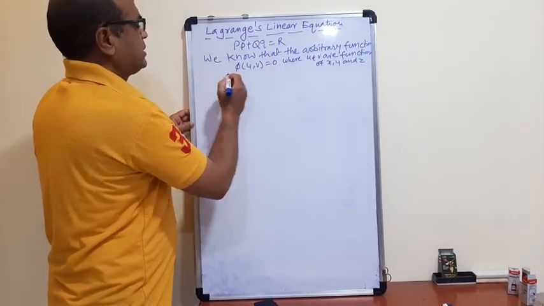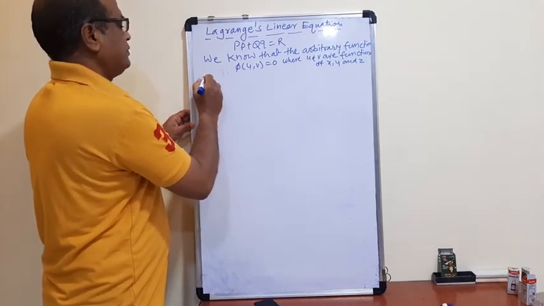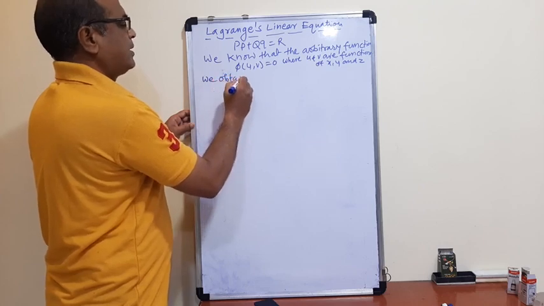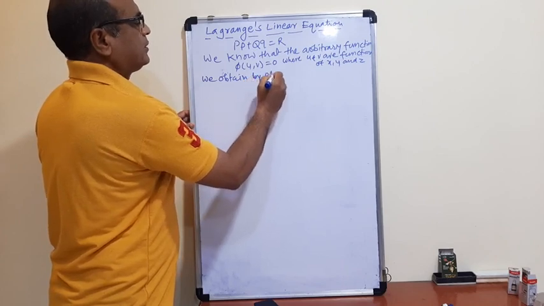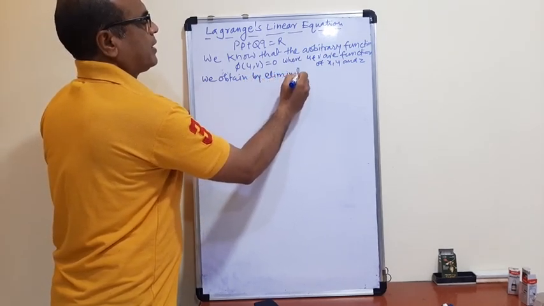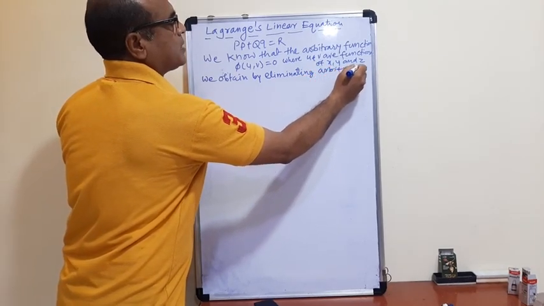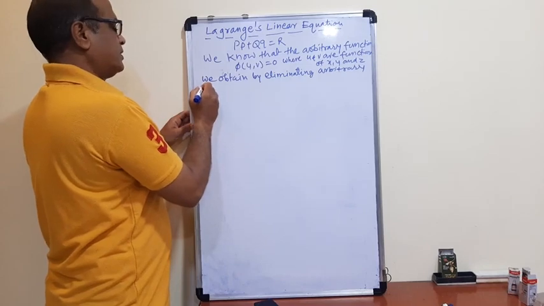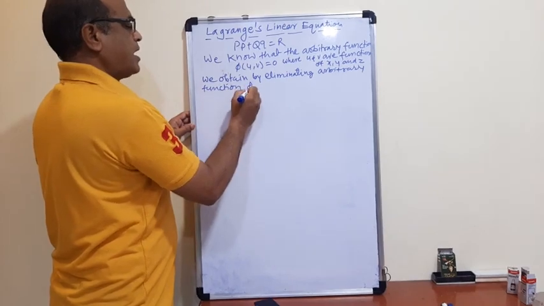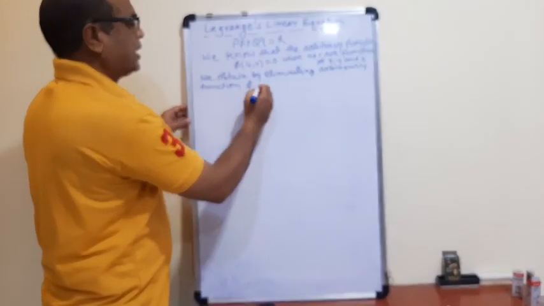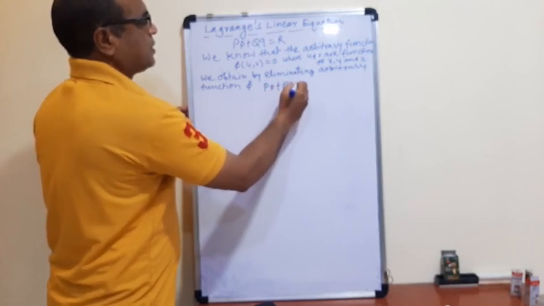So again we write here this differential equation, that is Pp plus Qq is equal to R. We obtain this by eliminating the arbitrary function phi.